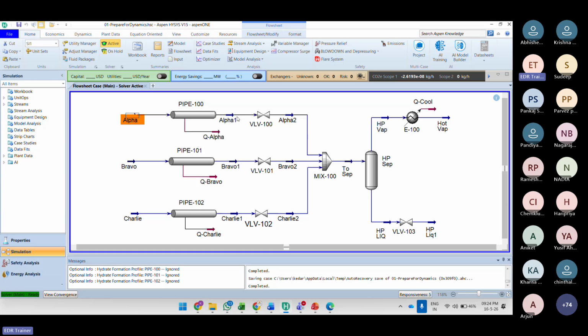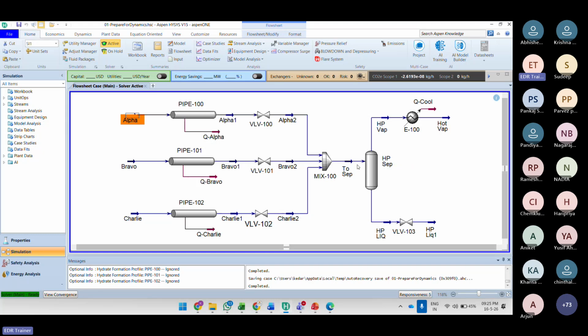Then it is transferred through a pipeline, and then there is a valve, and then they are all mixed together. So the three wells, offshore or onshore, the fluid is being transported to and mixed before it goes into the separator.